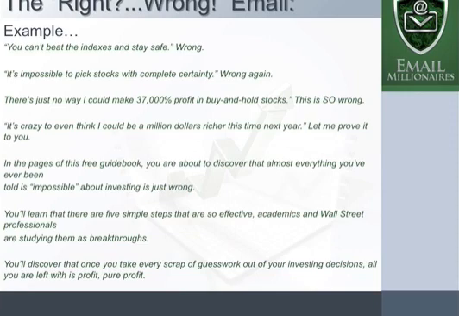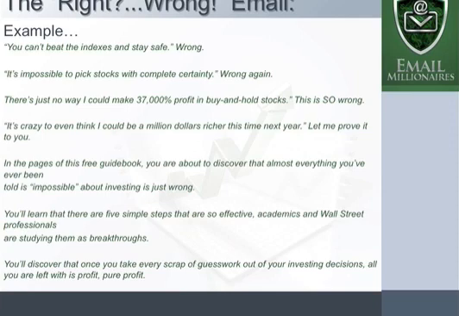In the pages of this free guidebook, you're about to discover that almost everything you've been told is impossible about investing is just wrong. You'll learn that there are 5 simple steps that are so effective, academics and Wall Street professionals are studying them as breakthroughs. You'll discover that once you take every scrap of guesswork out of your investing decisions, all you're left with is profit, pure profit.